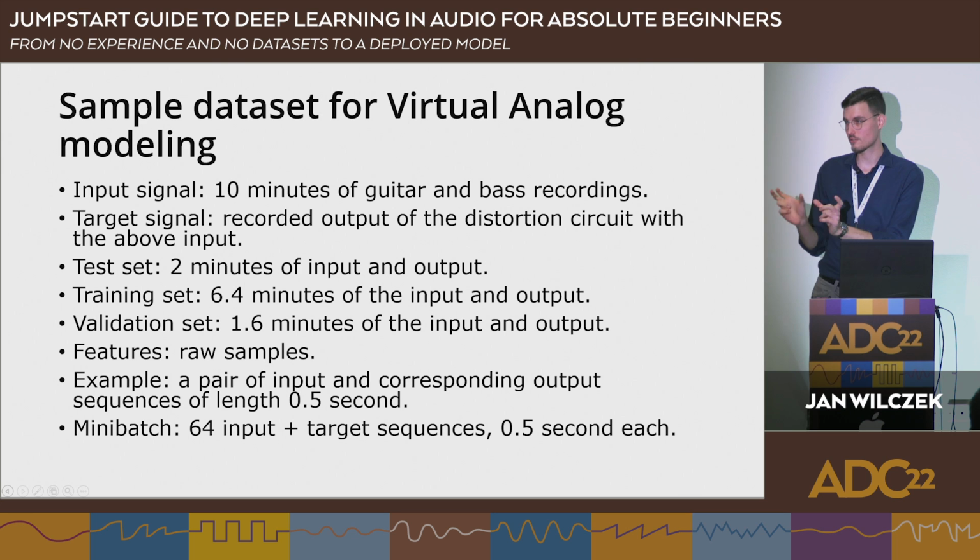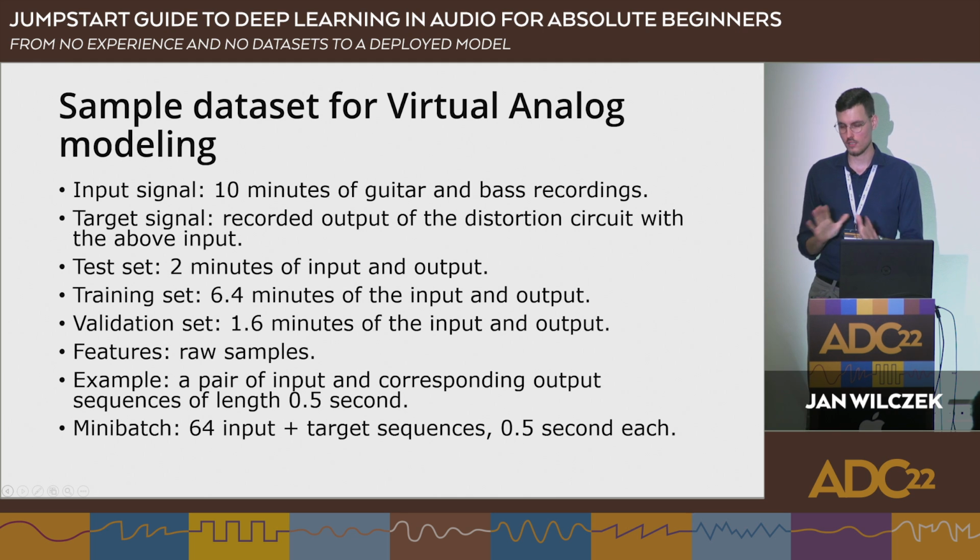So now we have matched, right? We have the input signal and what would come out of the effect, the desired, the target signal. And then we can split it into the data set. And here, 20% of 10 minutes is 2 minutes, and the same for the training set and validation set.